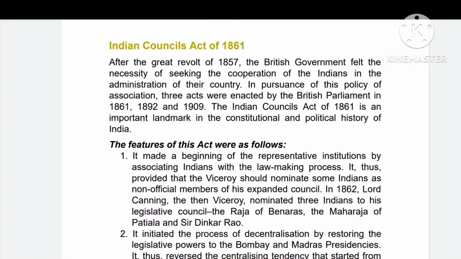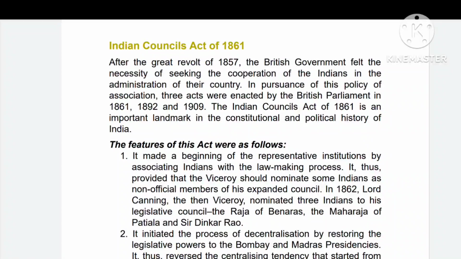Indian Councils Act of 1861. After the Great Revolt of 1857, the British government felt the necessity of seeking the cooperation of the Indians in the administration of their country.